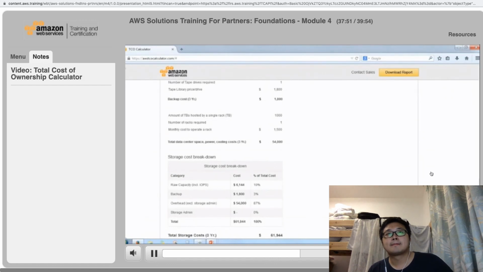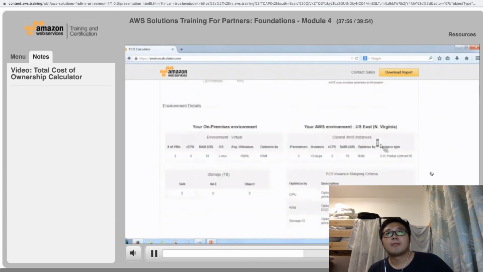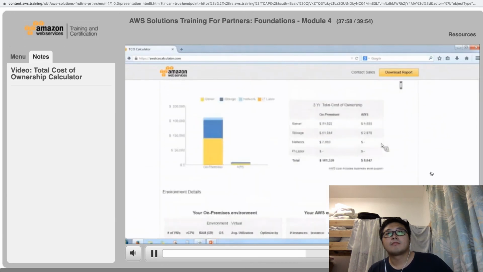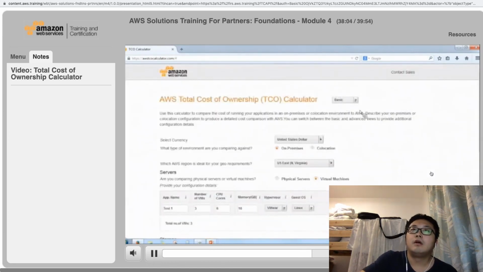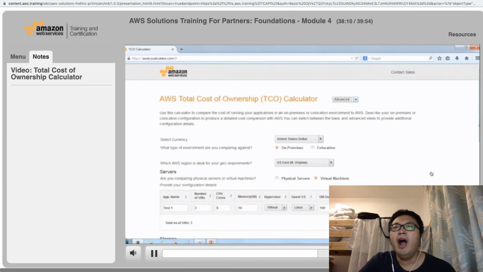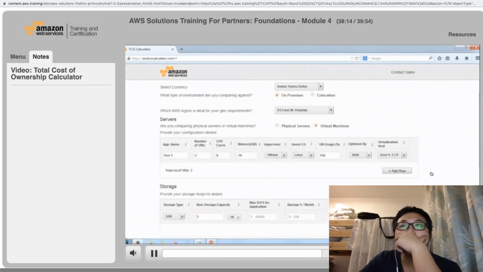A couple of new features that we have included in the calculator are, first and foremost, let me take a step back and show you how we have now expanded some functionality. So you have a basic and an advanced view. The advanced view gives you some more inputs if you have more information or more specific requirements. So you can choose IOPS, you can choose utilization, you can select what you want to optimize your simulation for specifically.